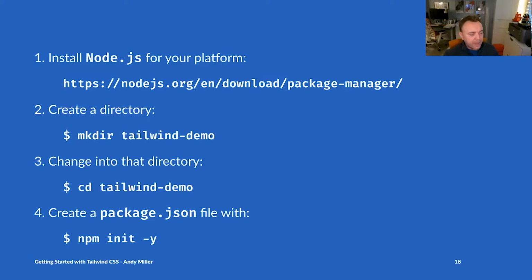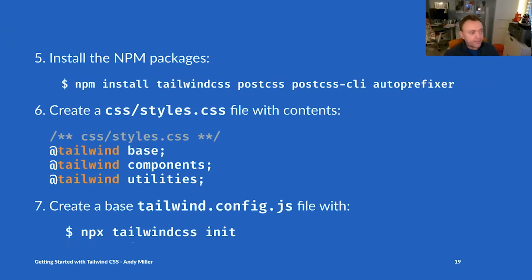Just go to the package manager section of the Node.js download page, because I like using package managers, and install it. After that, we're going to create a quick folder called tailwind-demo, and then change into that folder. The first thing we do is run npm init -y. This will create a package.json file. Then we want to install Tailwind itself and some other useful things.